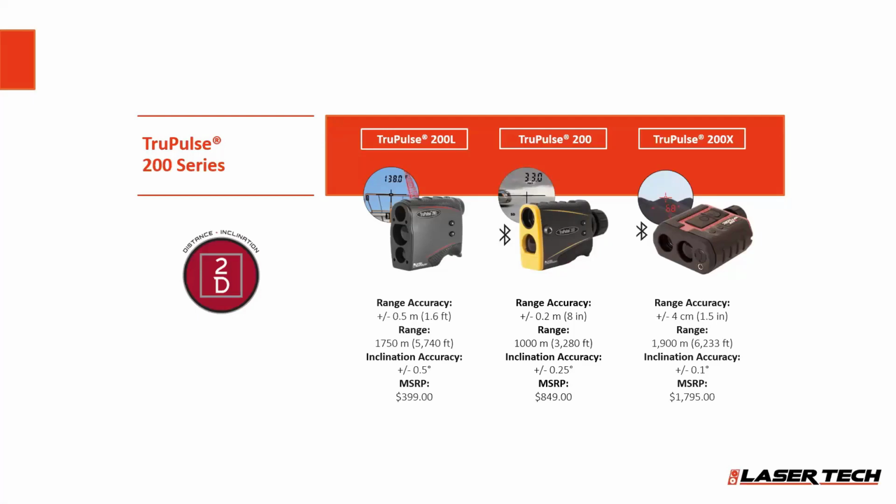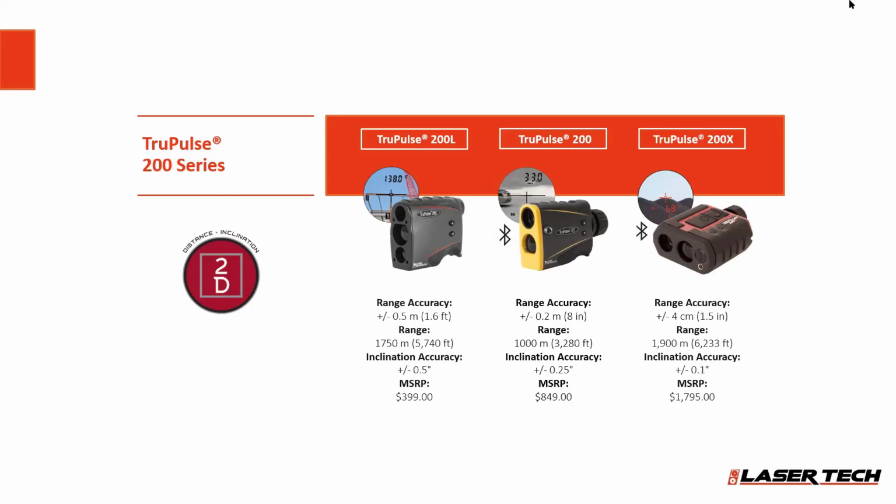The TruPulse 200 has been our flagship product, one that has been around for many years. One thing I want to note is that just recently we've increased the range accuracy on this unit. Now you can see it's down to 8 inches. So that's been a huge improvement on this unit.